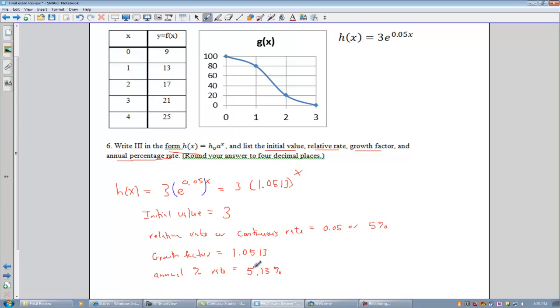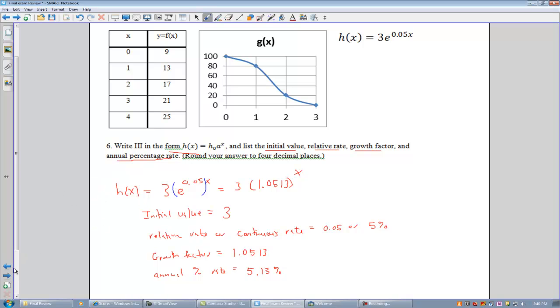I could also recalculate the percentage to figure out how much we grew over 6 months, how much we're growing every month or every day, or every minute, every second, and so on. If I do every single instant, that's what this percentage corresponds to. So I could say I'm growing annually at 5.13%, or I could say I'm growing continuously, or at a relative rate of 5%. So I think I answered all the questions here.